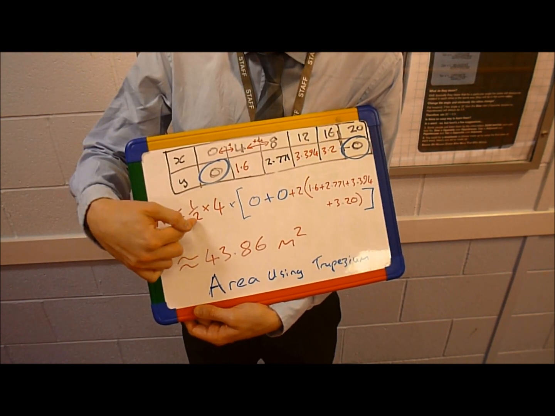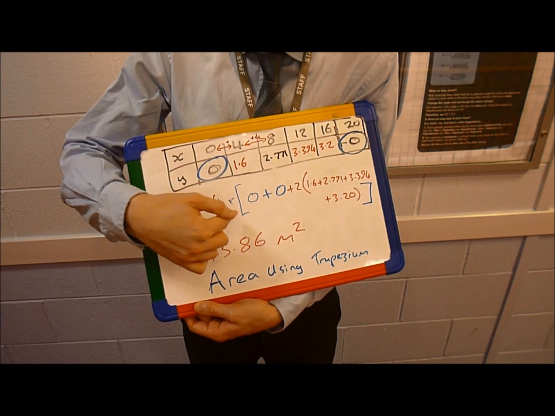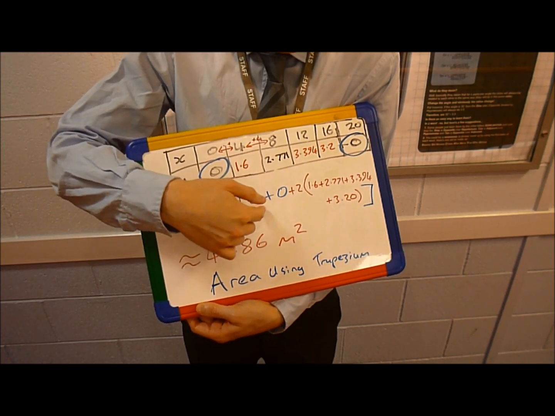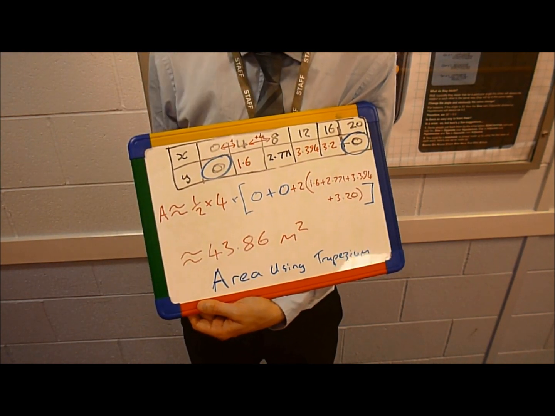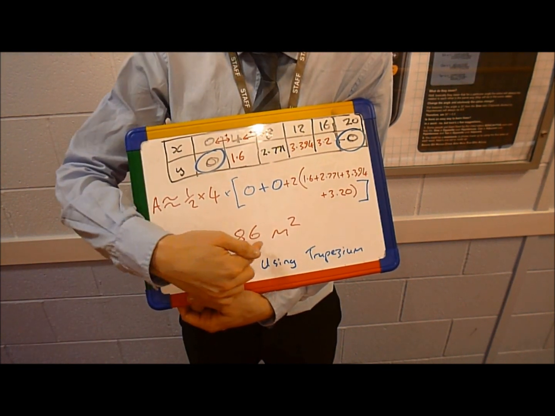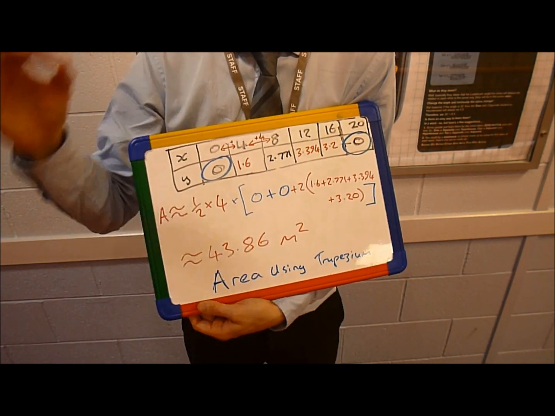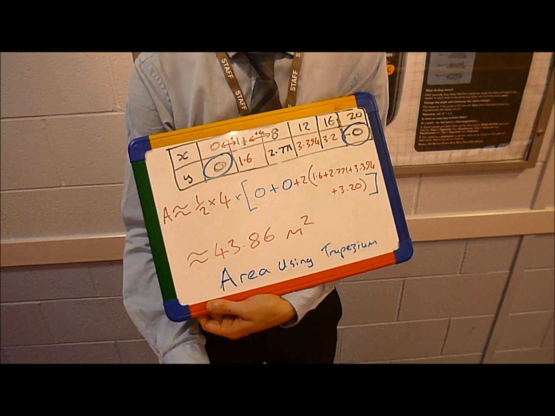So it's a half times the difference in x, all times the 2 end values added once, plus 2 lots of the other values. And that's approximately 43.86 metres squared. Thank you for 6 marks to my calculator.